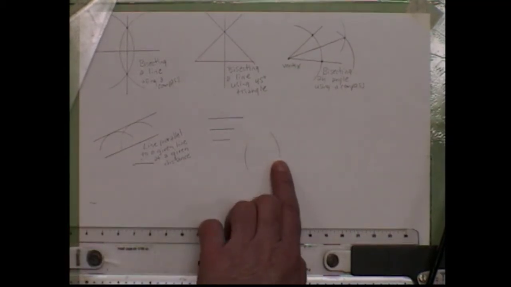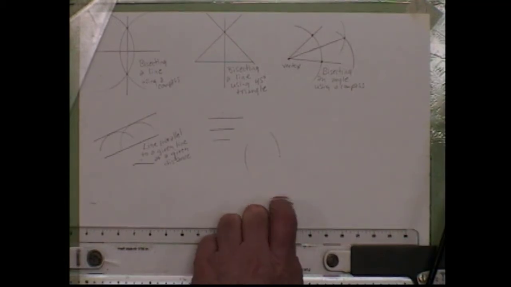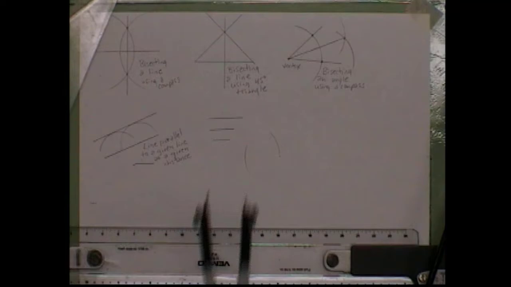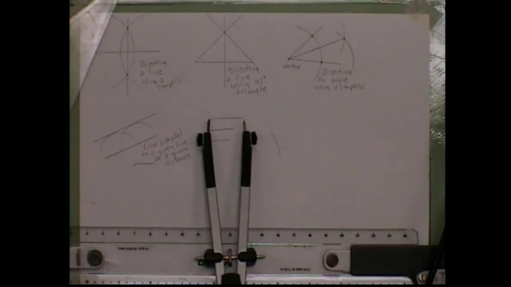And just remember which point you used. I used that bottom point as my reference, that end point. So I have 2 arcs that were the distance of our largest line.